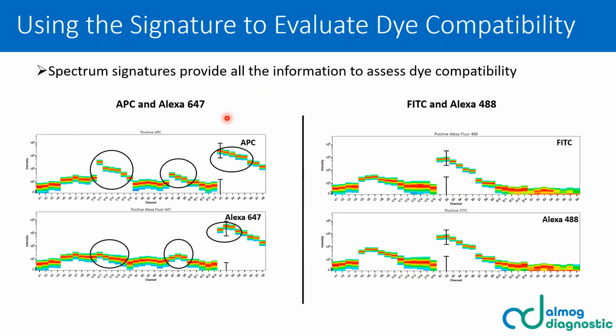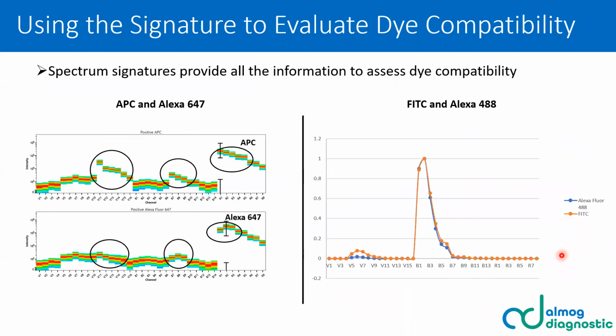But when we collect the light across all detectors, the full emission spectrum, you can see that there are quite a few differences that can allow us to use them together. On the right, we have the example of FITC and Alexa 488. You can see that the signatures are much more similar, and it's also seen in the overlay histogram.